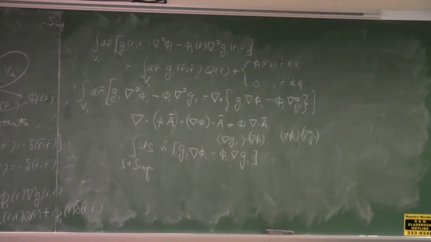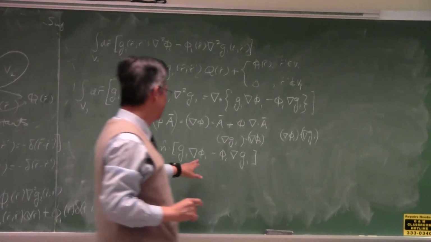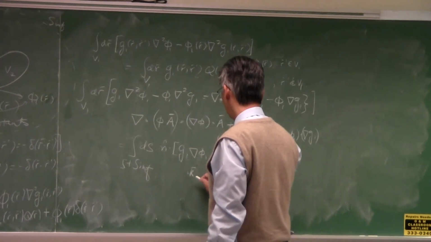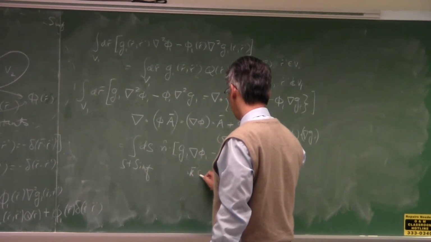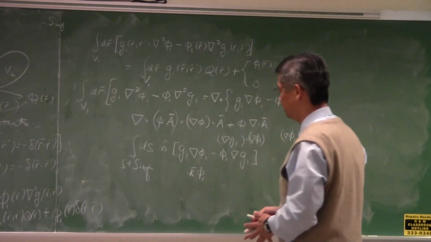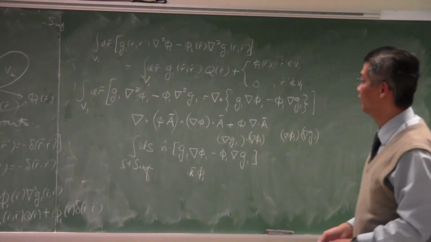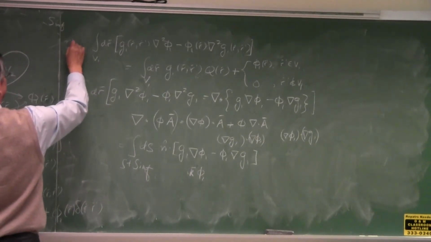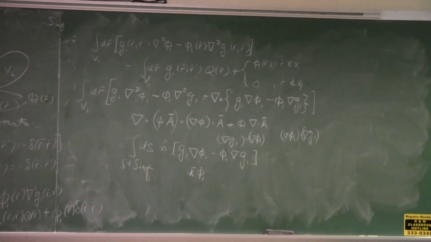So phi1 will look like a plane wave. So you will have ik phi1, where k is the direction of the plane wave when you're very, very far away, and it tends to align with the direction of the radius.